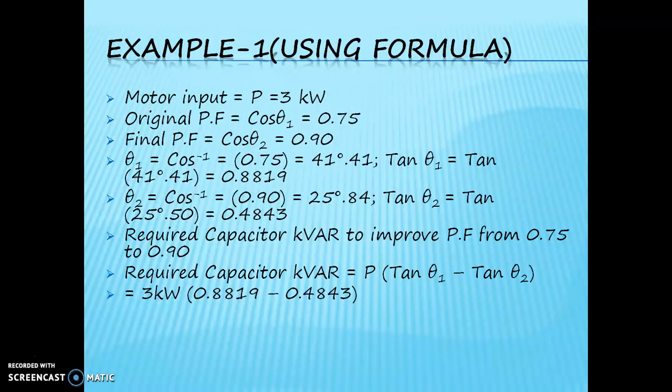Tan theta 1 is 0.8819 minus tan theta 2, which is 0.4843. Then we get 1.194 kVAR. This is the exact kVAR required to improve the power factor from 0.75 to 0.90. Likewise, you can calculate for any power factor which you are going to improve.